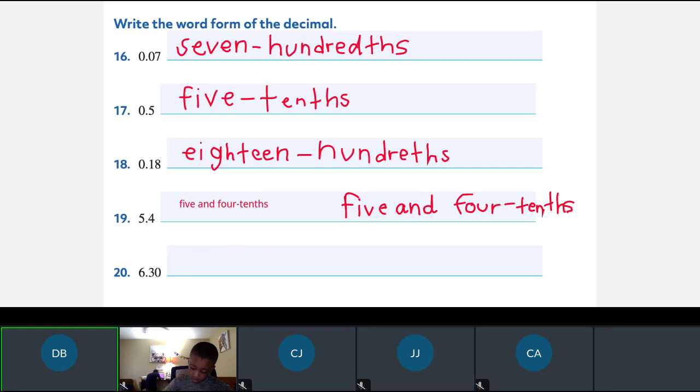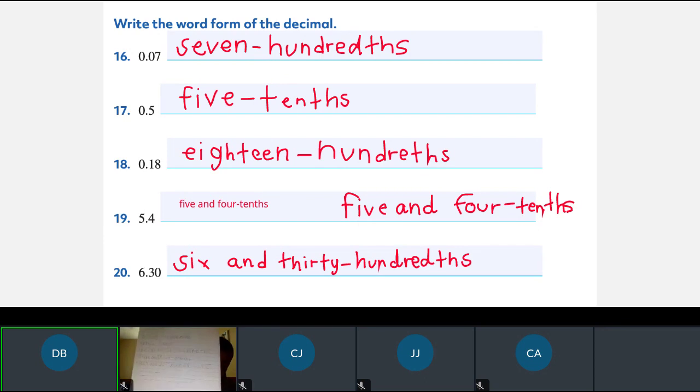Number 20 is 6 and y'all making me do it the hard way. That's okay. 6 and 30/100ths. Oh, I almost wrote hundreds. Okay, phew. Using that mouse for writing is not fun.